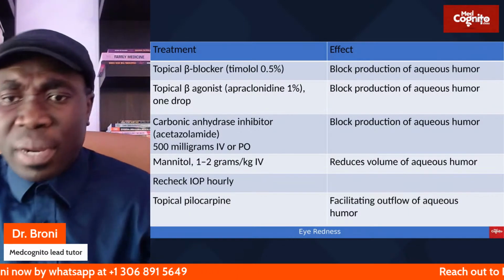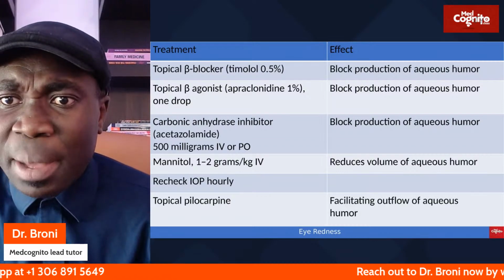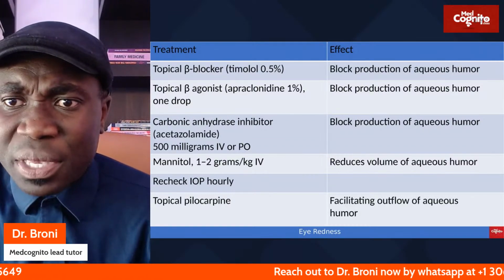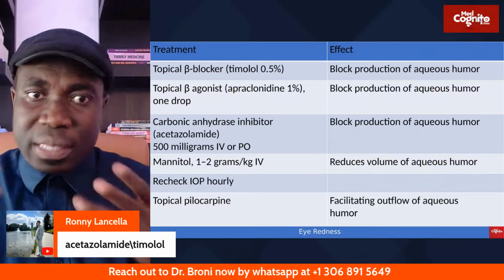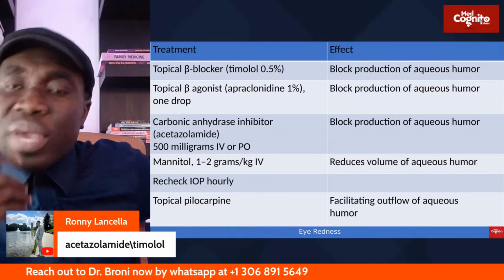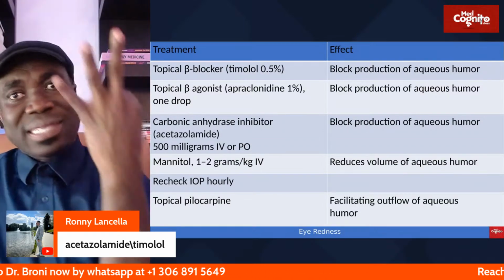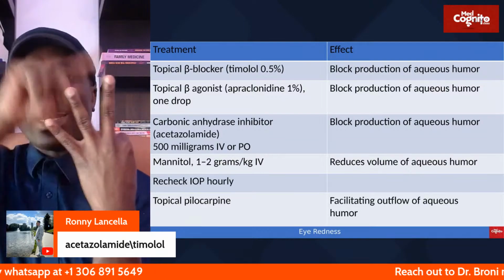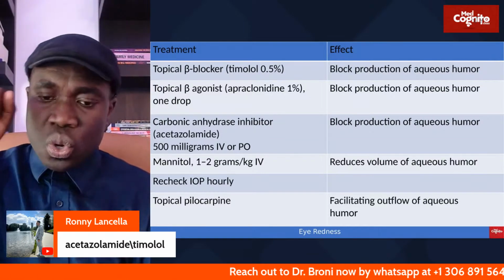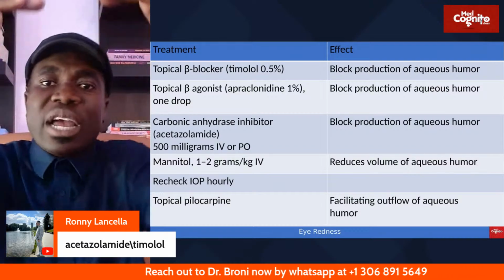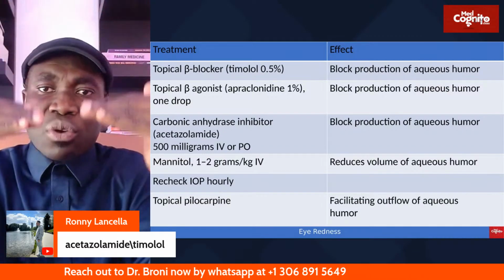I saw somebody type something here: acetazolamide. Why are we giving acetazolamide? If you understand these three things, then you understand where acetazolamide comes in. We have to give medications which can reduce the production of aqueous humor.